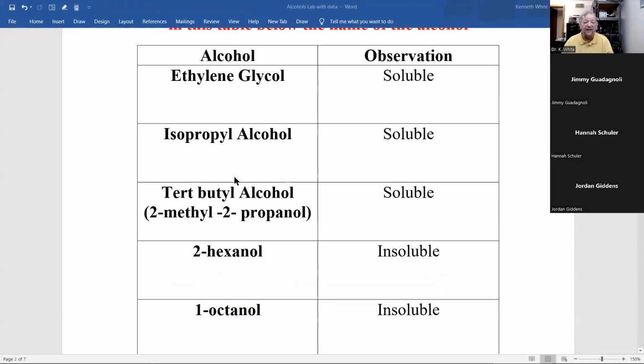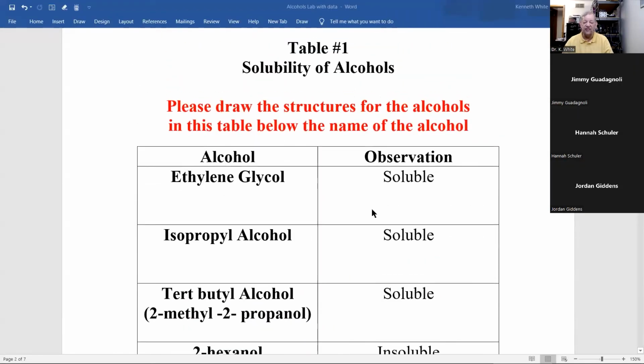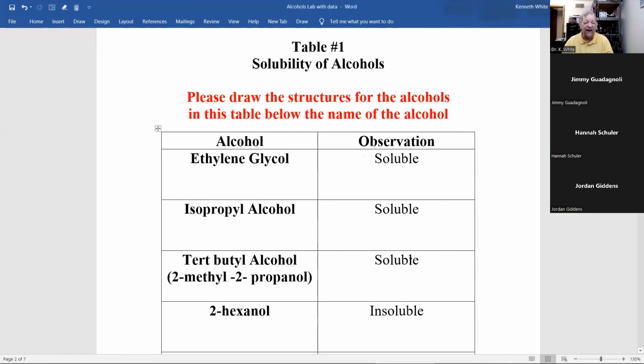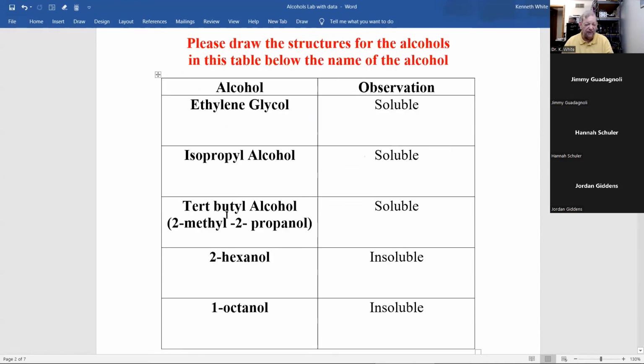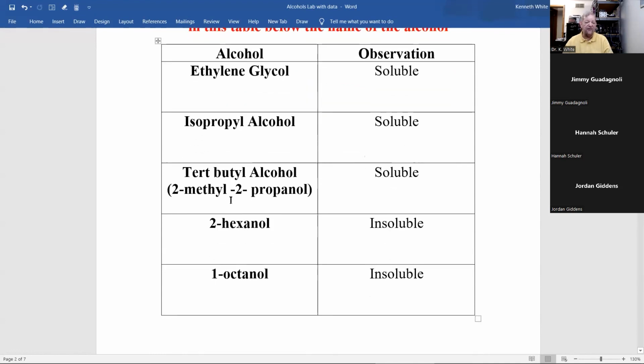If we look at today's lab, since you're not going to do it at home, here are the different alcohols you would be testing: ethylene glycol, isopropyl alcohol, tert-butyl alcohol, also known as 2-methyl-2-propanol, 2-hexanol, and 1-octanol.